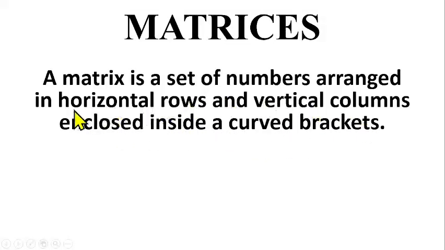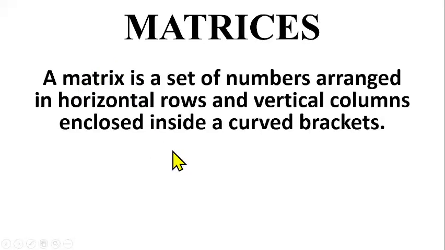Now you can see the reason why we learned rows and columns at the beginning of this video, because we need to know which one is row and which one is column if truly you want to understand what matrix is all about. When you arrange numbers in rows and columns, then you enclose them in brackets. That is what a matrix is all about. I hope you understand that.